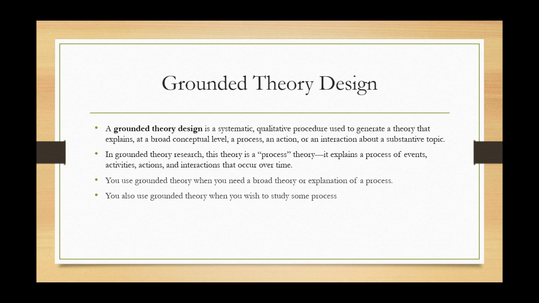You also use grounded theory when you wish to study some process, such as, for example, how an ICT student can develop into a developer, or a programmer, or an IS manager, or an analyst. You want to study how a student can come to be a good developer. So that is a kind of process that you want to study.